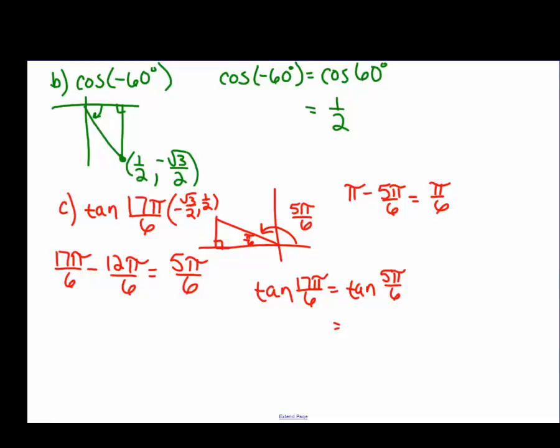And remember that tangent is y over x, so 1 over negative square root of 3, because if they both are being divided by 2, the 2's will just cancel. But then we need to rationalize our denominator. So we multiply the denominator and the numerator by square root of 3. And so we're left with negative square root of 3 all over 3.